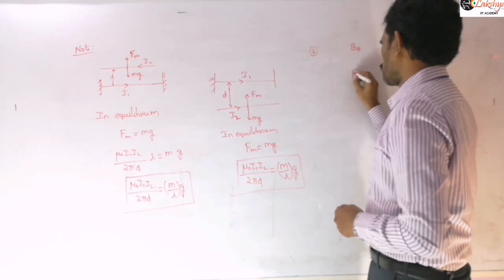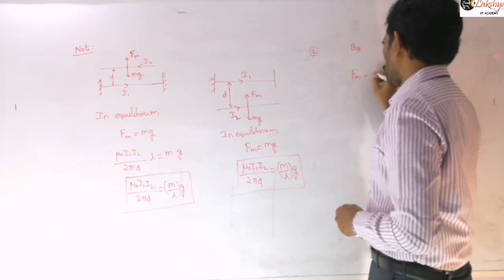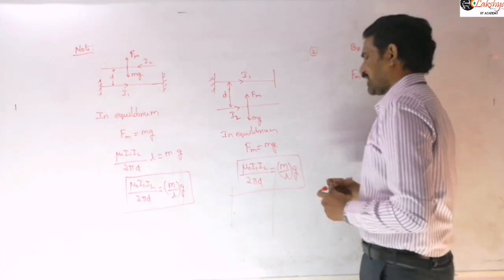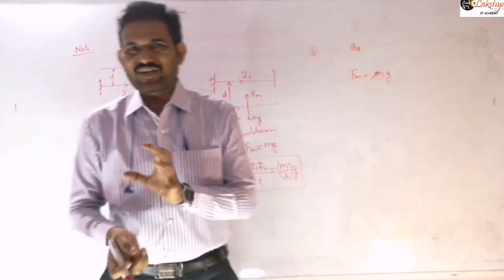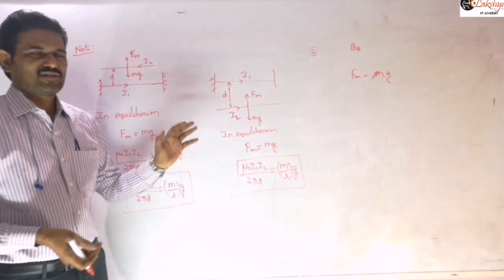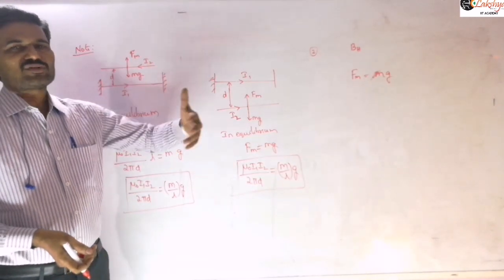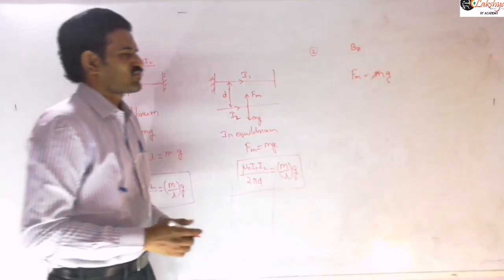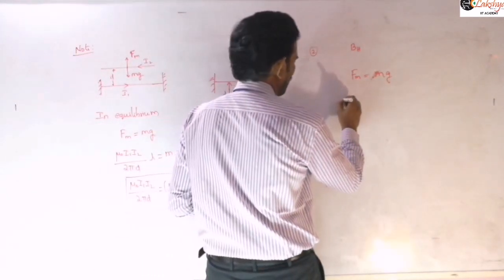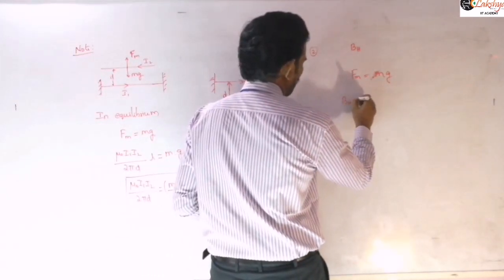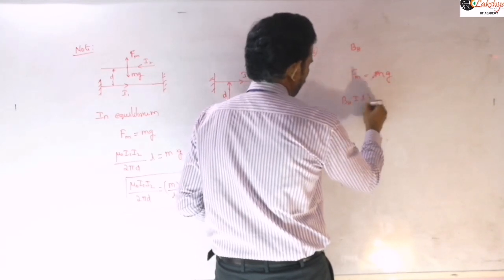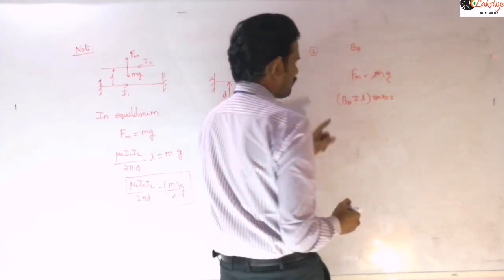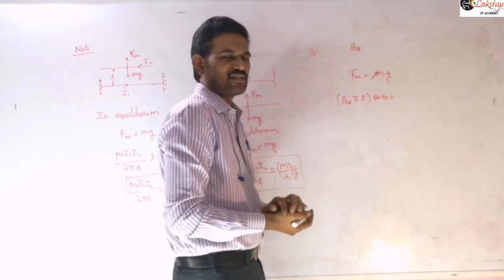so now for this also this magnetic force must be equal to mg, right? But here the magnetic force is not between two current carrying conductors as in the earlier case. It is because of the force acting on a current carrying conductor when it is placed in a magnetic field. So we can write this as BH into I into L into sin 90, just the BIL sin theta formula.